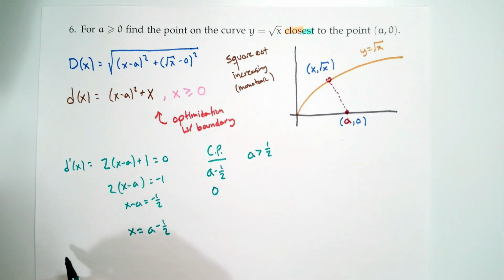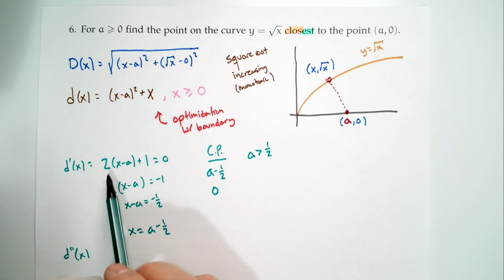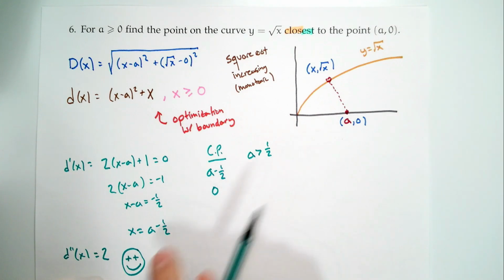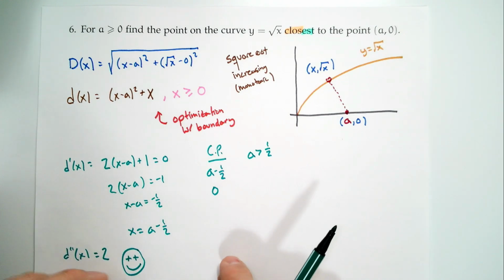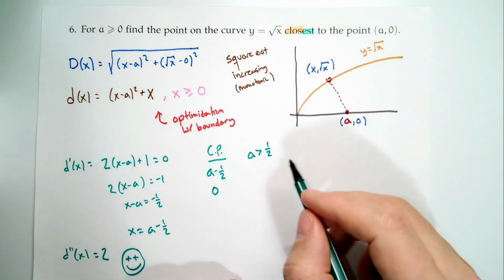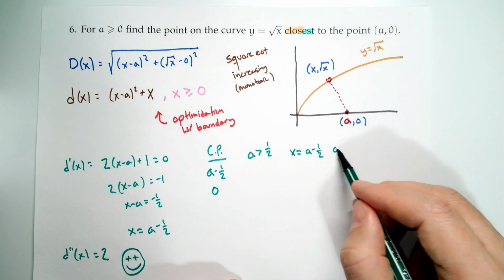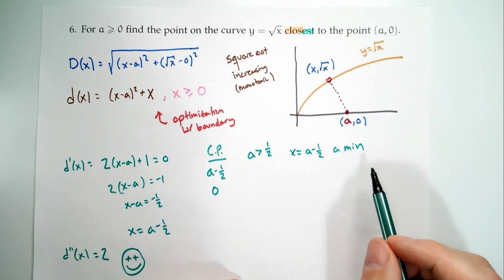Now, suppose for a second we were to take the second derivative. I know we don't often do this, but the second derivative here would be 2. And if you remember the second derivative test, where the second derivative is positive, your curve looks like that, which means that your critical point at a minus a half would be a min. Okay, so when a is greater than a half, we get that x equals a minus 1/2 is a min. And so that has to be the minimum.